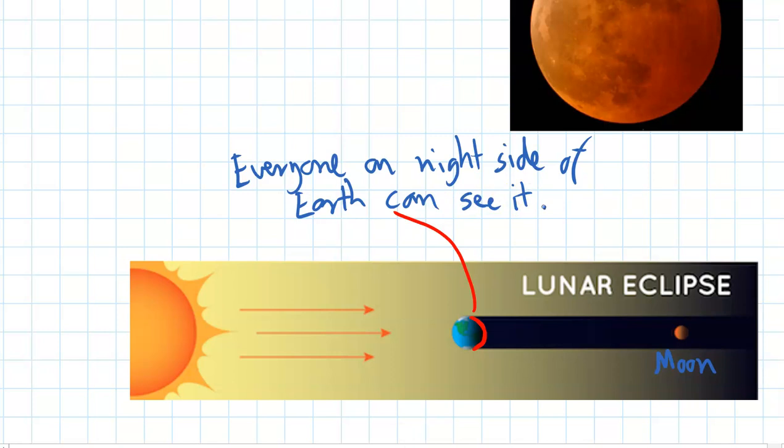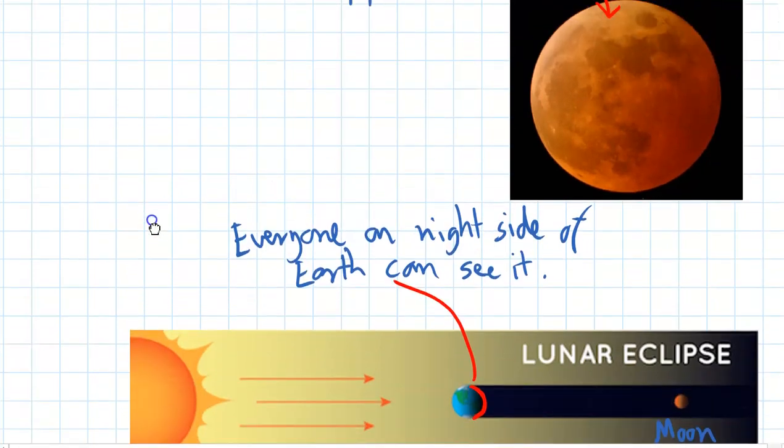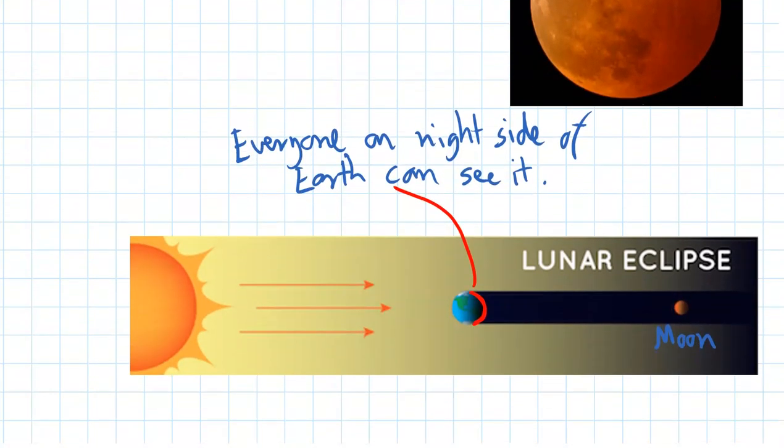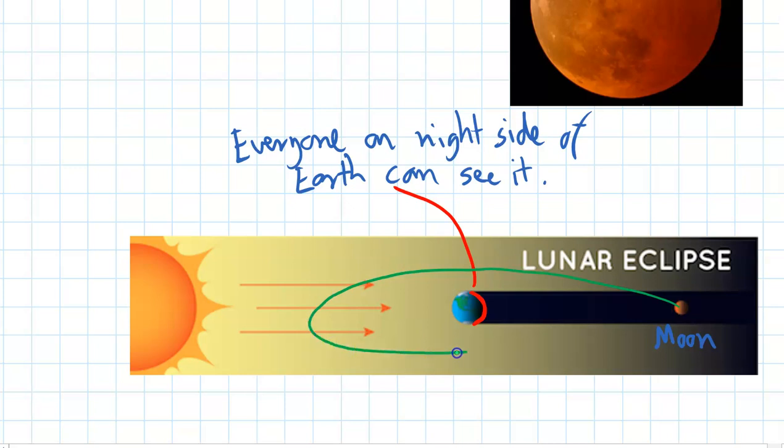Alright. Well, you might be thinking, why don't we have an eclipse every single month? Because remember, the moon orbits around the Earth. So here's the moon, it orbits around the Earth. Why don't we have a solar eclipse every single time the moon's here? And why don't we have a lunar eclipse every time the moon is further away and in shadow?